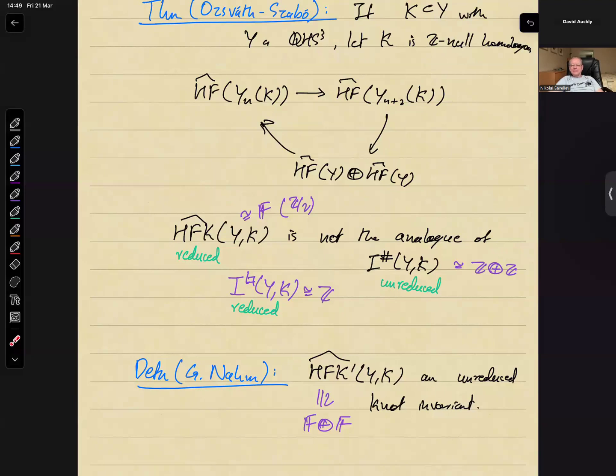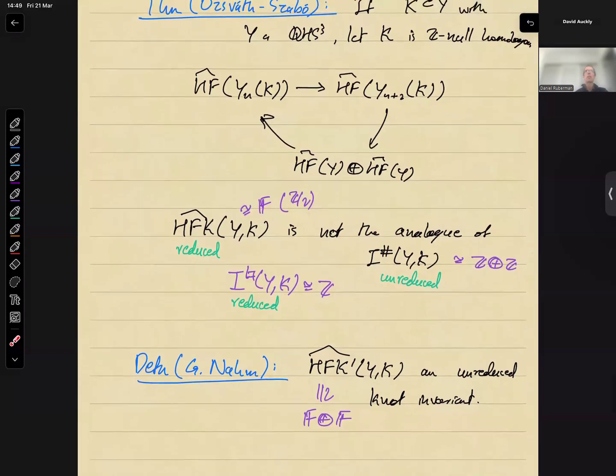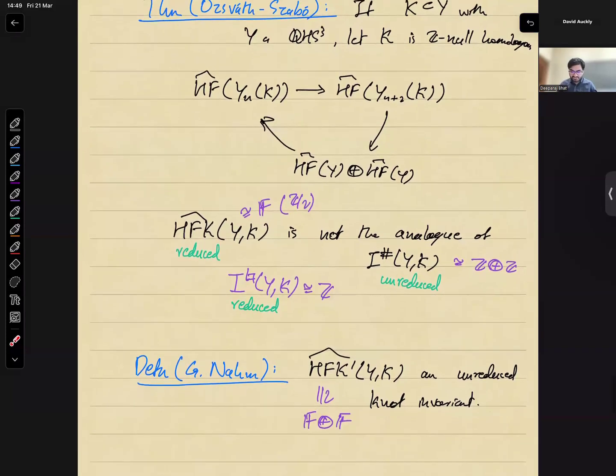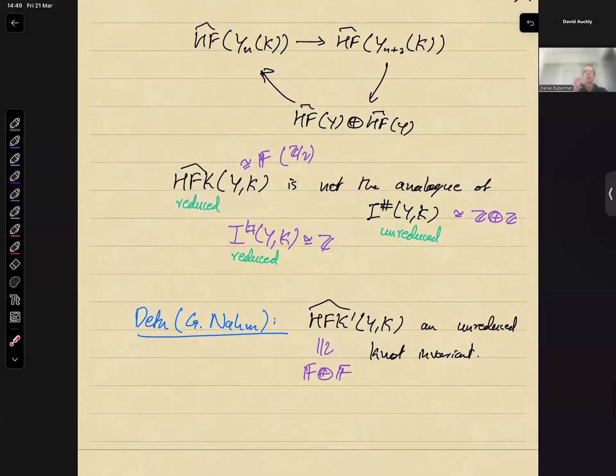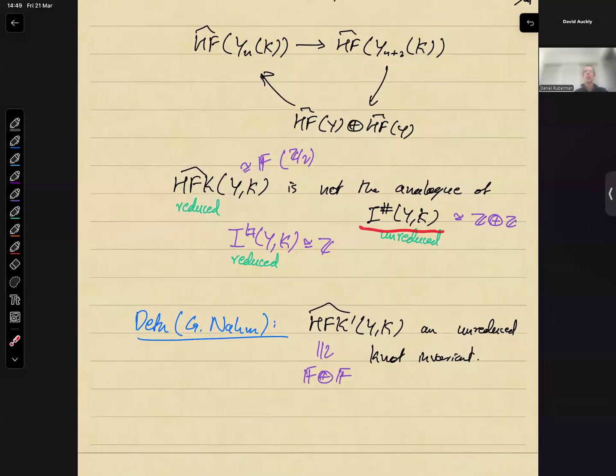Okay, well, are there further questions? Are there any computations of this unreduced Heegaard-Floer theory to compare? Of this unreduced guy? You were saying that that should compare to the unreduced. Yeah, these both should be compared to one another, but I don't know if there are many computations of this.